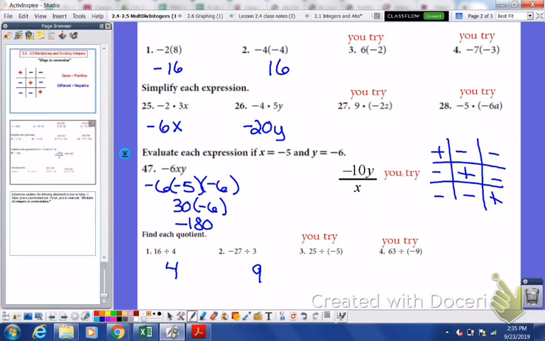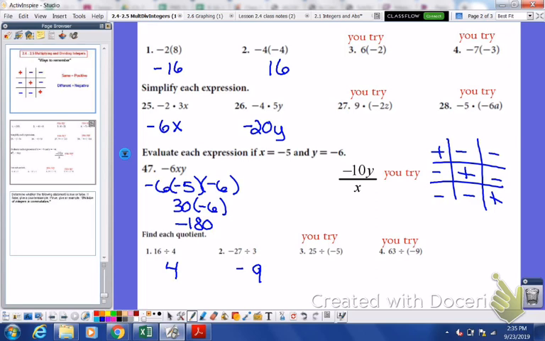One negative, one positive gives us a negative 9. This is why we're doing sections 4 and 5 together, because your multiplication and division rules are all the same. There are 7 problems left that say you try. Those are going to be your tries for tonight, so go ahead and skip them for the moment. Make sure you come back.